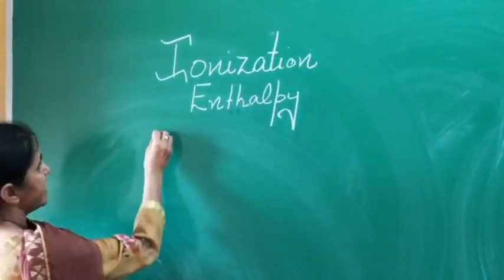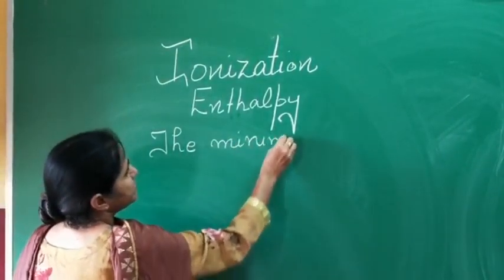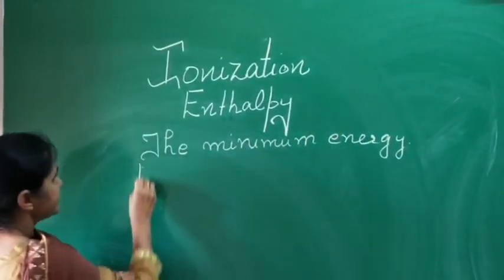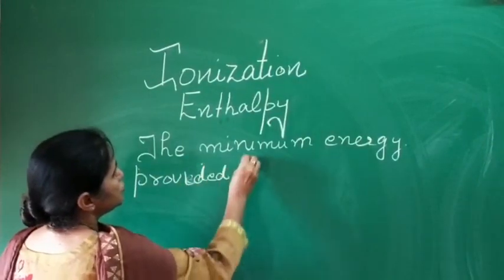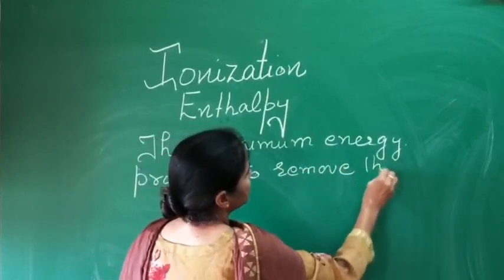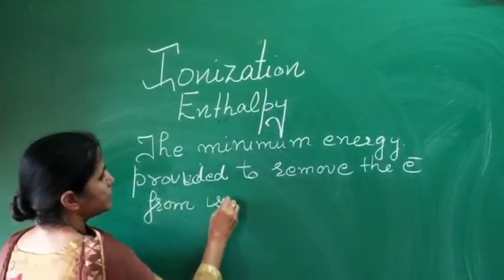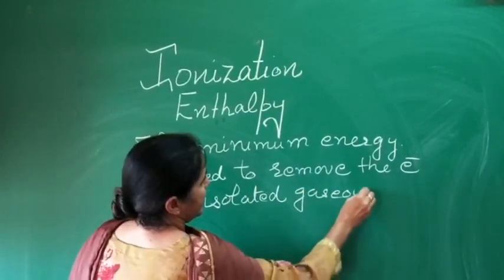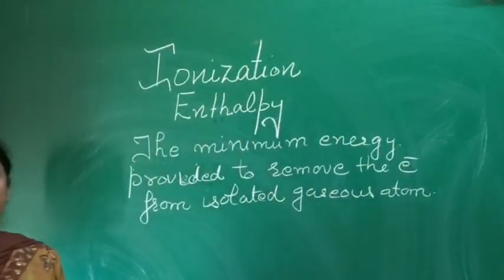So we can write it as the minimum energy provided to remove the electron from an isolated gaseous atom. So that is the ionization energy.